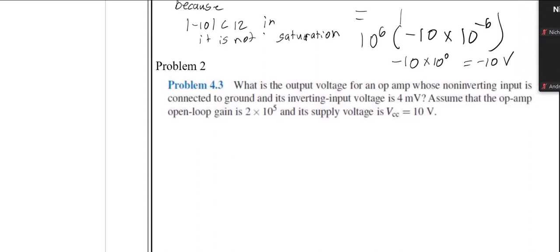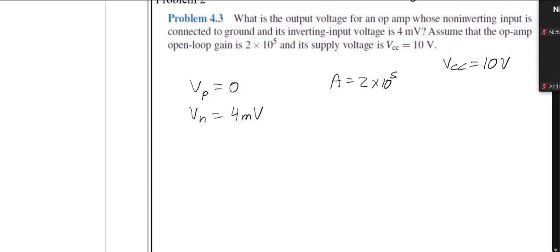So what is the output voltage for an op amp whose non-inverting input, that's VP, is connected to ground, so that's 0. Its inverting input voltage, that's VN, is 4 millivolts. Assume that the op amp open loop gain is 2 times 10 to the 5th, and its supply voltage is 10 volts.